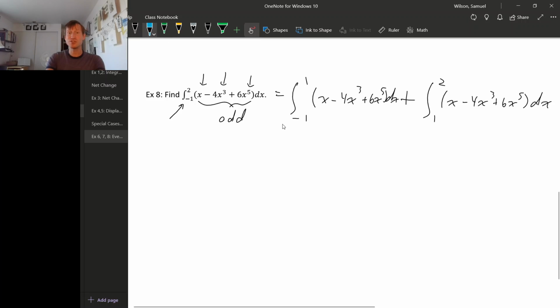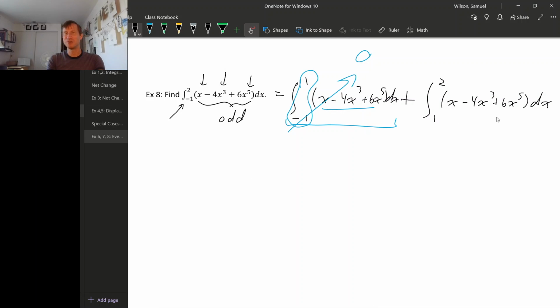Now for this first integral, we have an odd integrand, and now the bounds are plus and minus a number, so integrating an odd function over a symmetric interval gives us 0. So that makes that very easy. So we only have this integral to evaluate. Of course, this integral isn't really that much easier to evaluate than the one that we started with, but oh well, such is life. So let's write down an antiderivative.